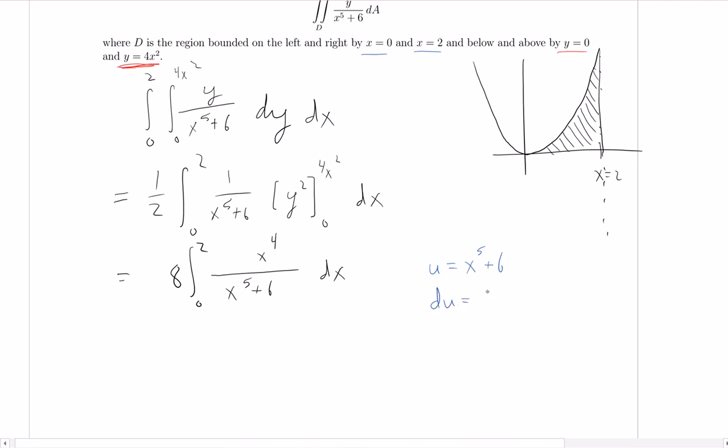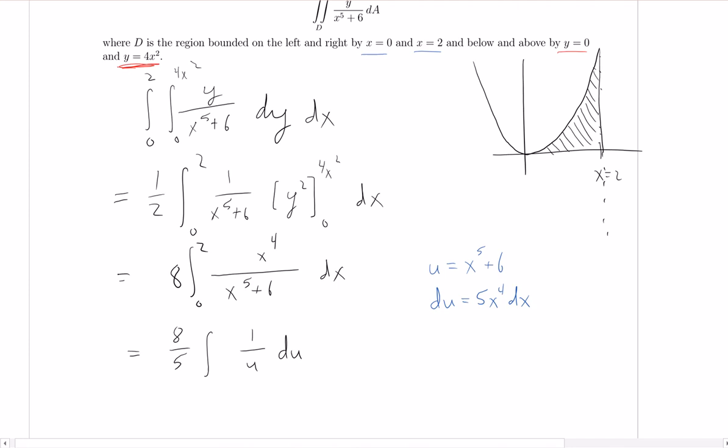So du is 5x to the 4th dx. So we have x to the 4th dx, but not the 5. So we need to divide by 5 out here. And we just get 1 over u du.